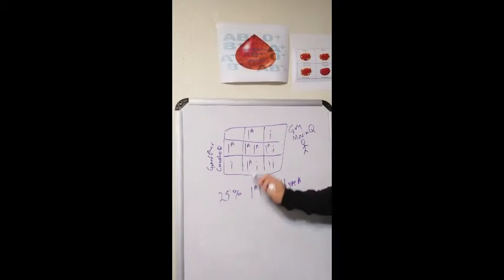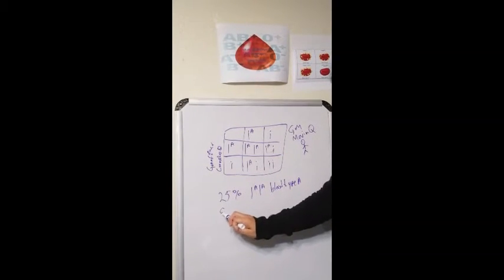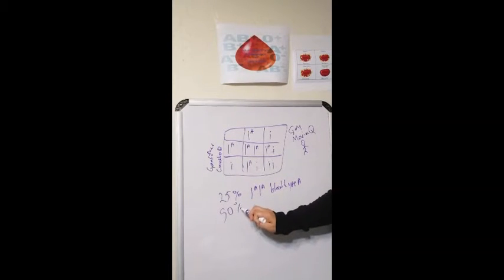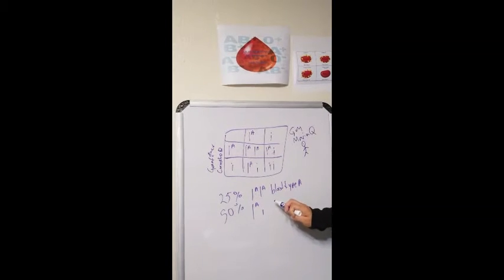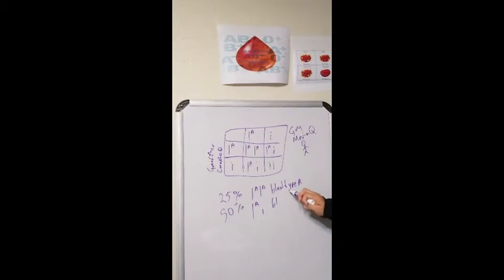And they also have 50% heterozygous, which is different, and it's written like this, the capital I with the A and the little i, and it's blood type A, same as this one.